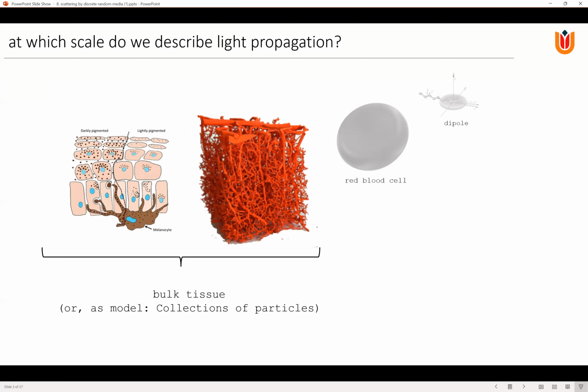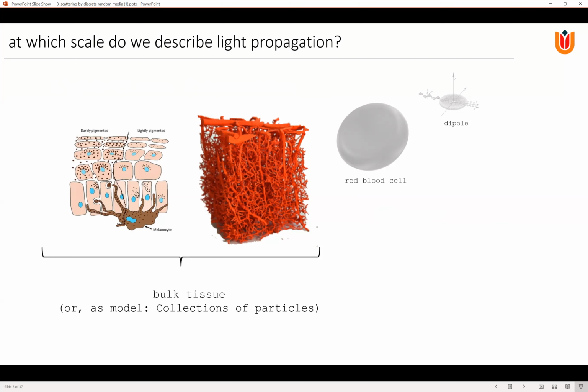So again, in the scale of things, we have to think about in what scale we are looking at these interactions. So we have taken a brief look at dipole interactions when we looked at Brillouin scattering. We have also taken a brief look at the cell size when we talked about the Mie theory.